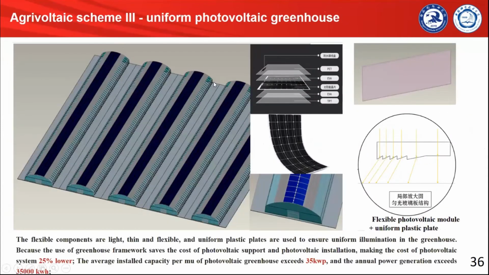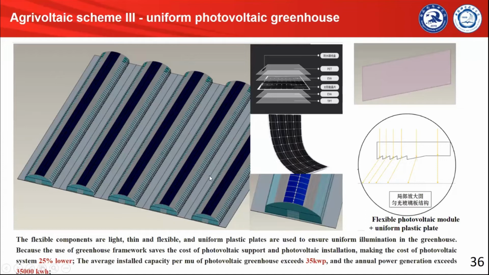We also use this idea to make a greenhouse. On the top of the greenhouse, we have a softer solar panel, and we add a thin plastic film with a lens surface. In this greenhouse, the light is uniform.